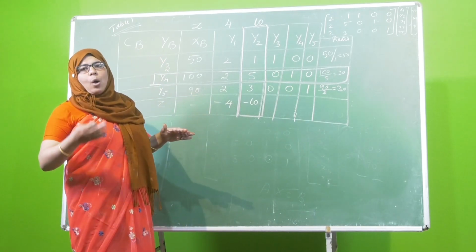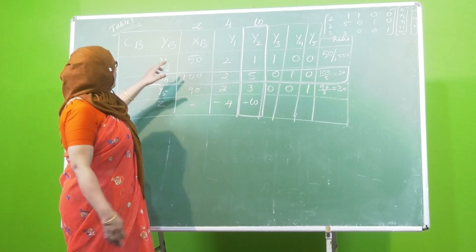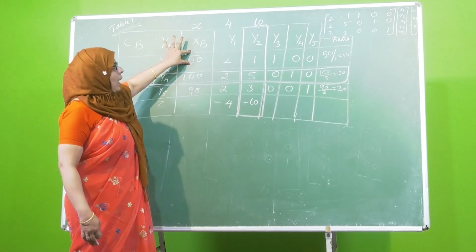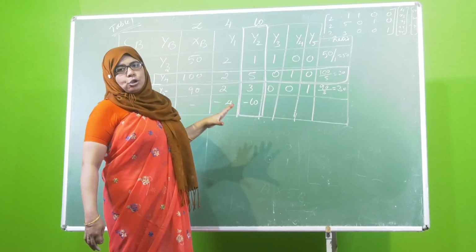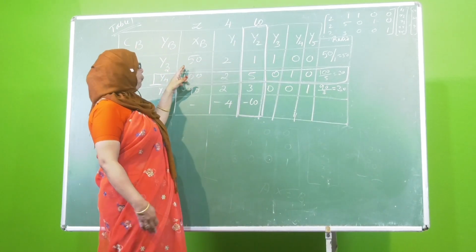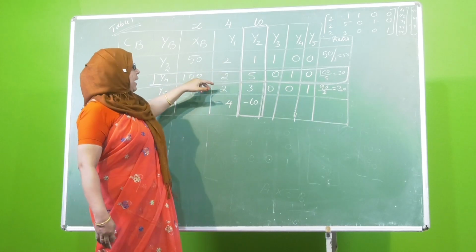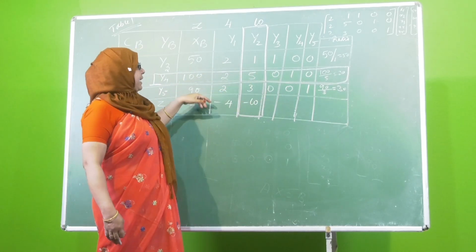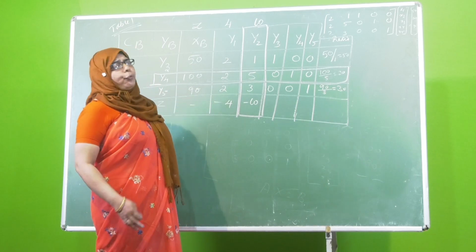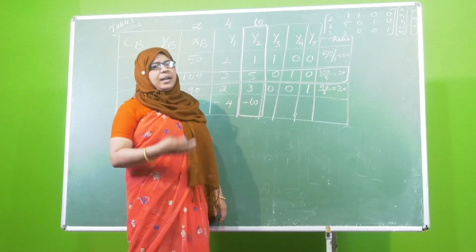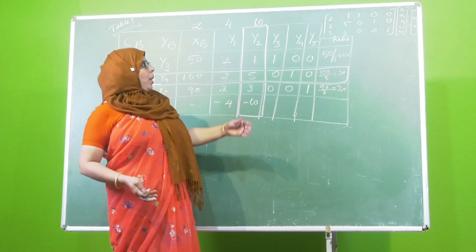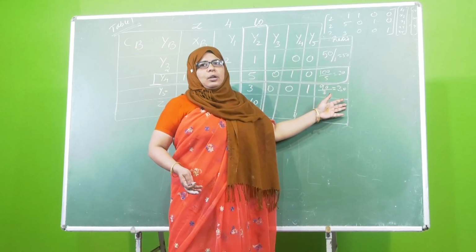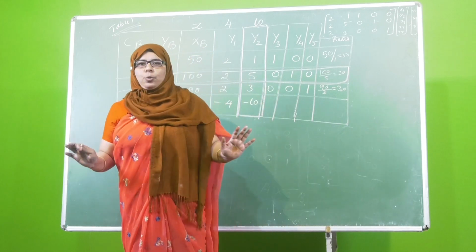Then we select the row. How can we choose? The xB value divided by the chosen column. So 50 divided by 1, 50; 100 divided by 5, 20; 90 divided by 3, 30. Among these three values, which one is the minimum positive?